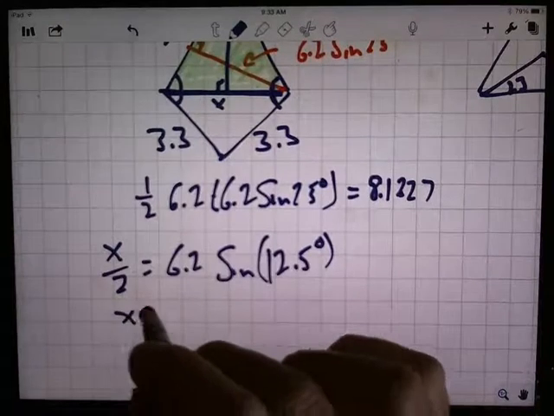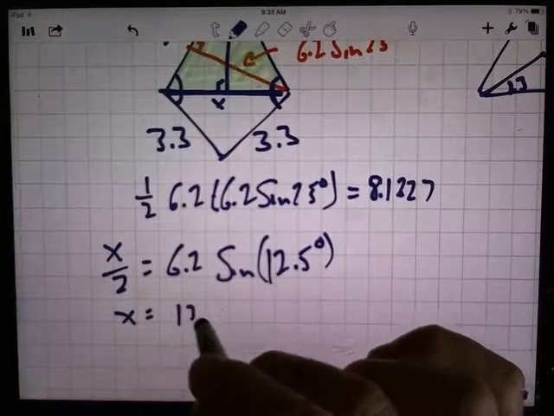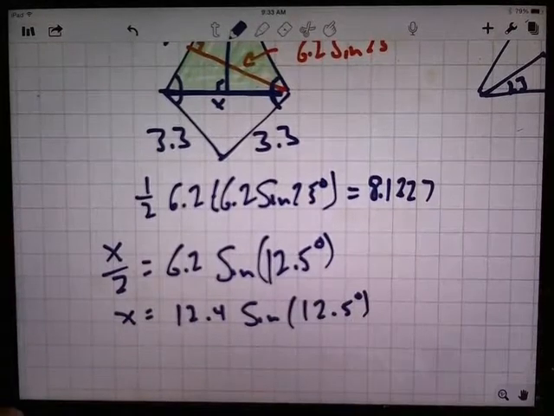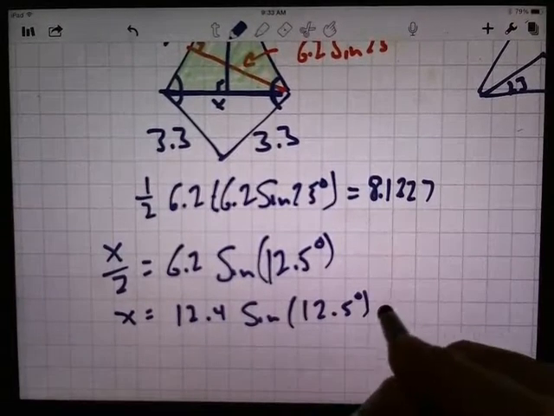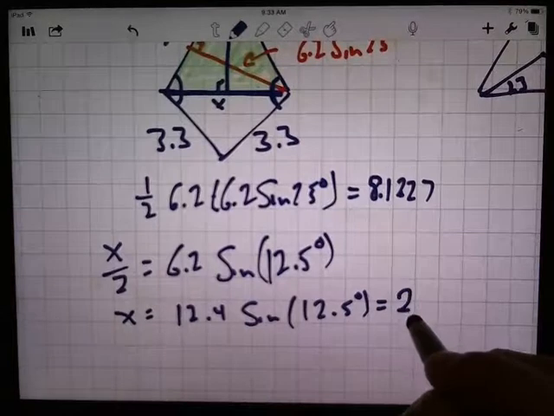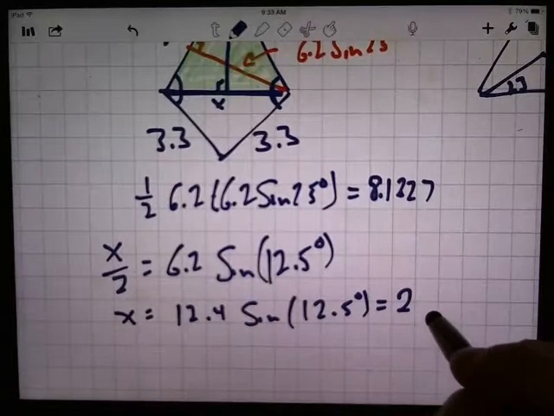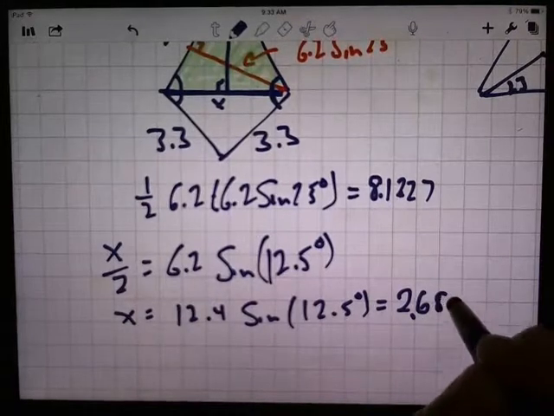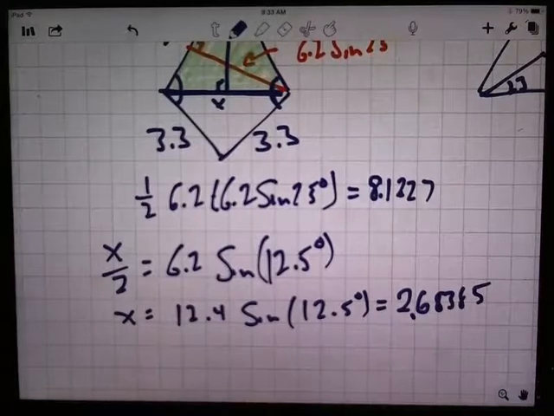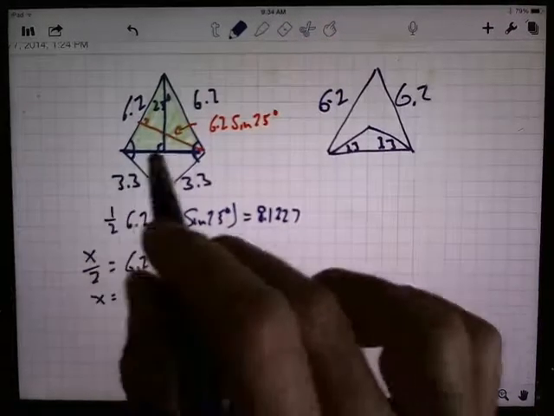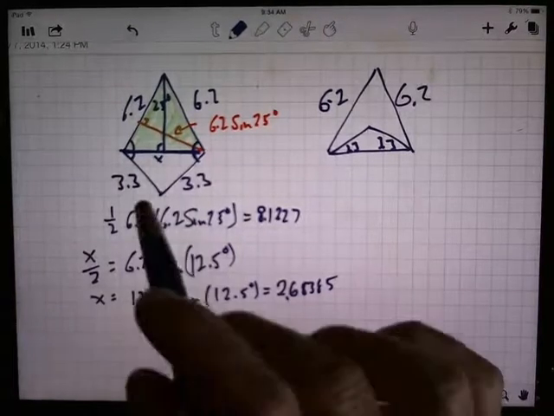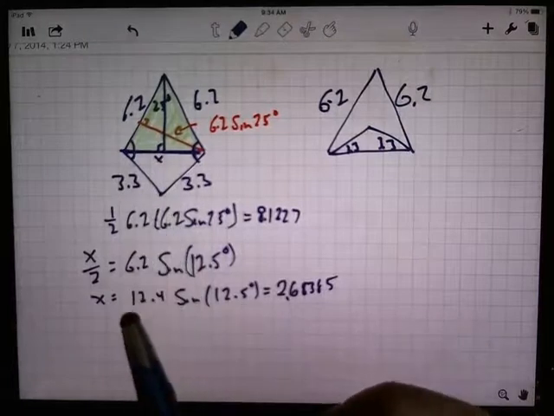So anyway, x is equal to 12.4 times the sine of 12.5 degrees. And I type that in my calculator, and I get that this is equal to 2.68385, whatever. All right, so now that I know x, I can use that to find the area of this triangle down here.